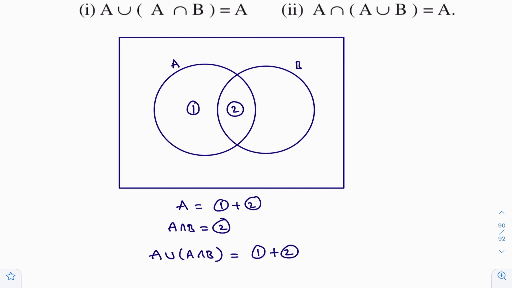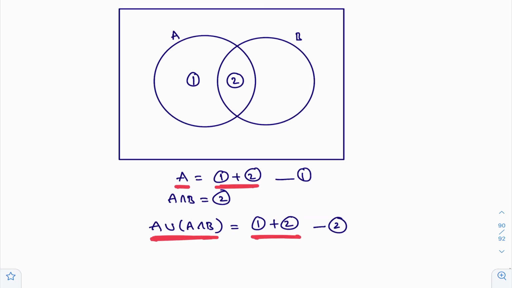So here you please observe, you take this as 1 and you take this as 2. Set A is 1 plus 2 and A union (A intersection B) is also 1 plus 2. So what can I conclude here? I can conclude that A union (A intersection B) is the same as A. It can be understood very easily with the help of the Venn diagram.